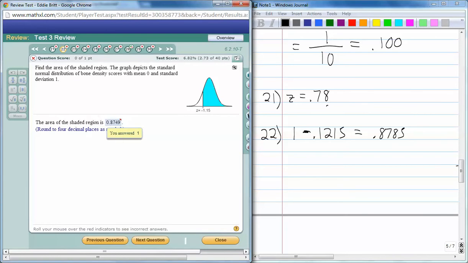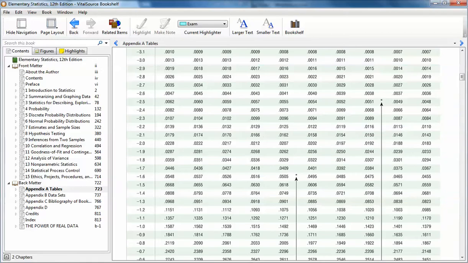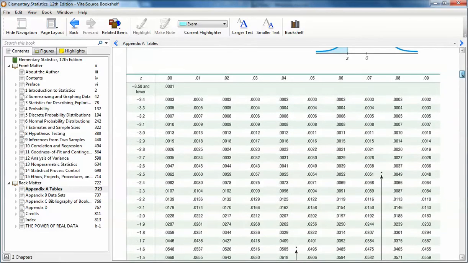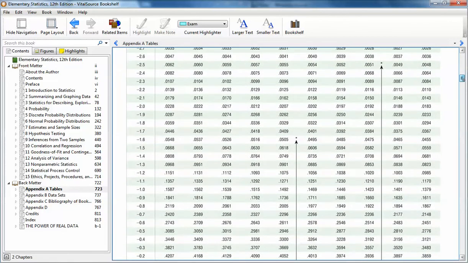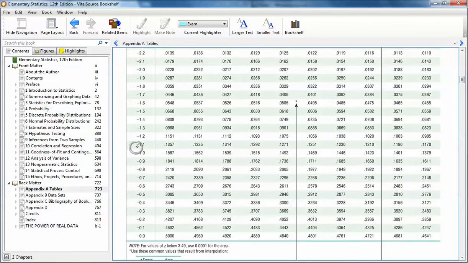0.8785 is not the answer. I must have got off on my columns. Negative 1.15. Here's the 5. That is the right answer, if that is the right area.